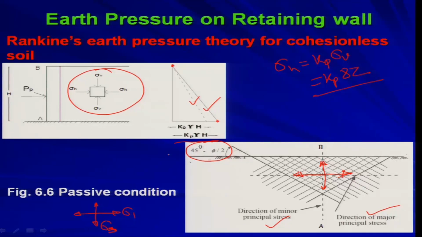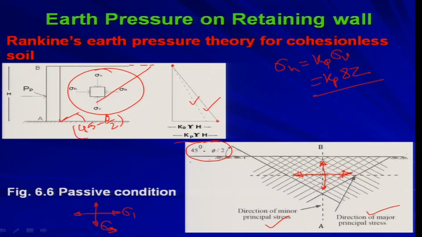So, therefore, you will be getting the failure surface which will be inclined. We have already seen, these shear lines will be making an angle 45 minus phi by 2 with the horizontal plane. So, this failure surface in case of passive state will be making an angle 45 minus phi by 2.